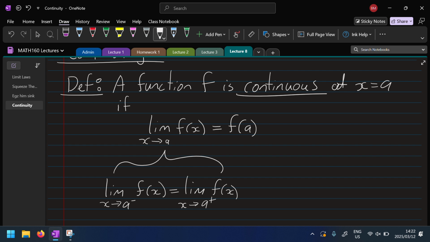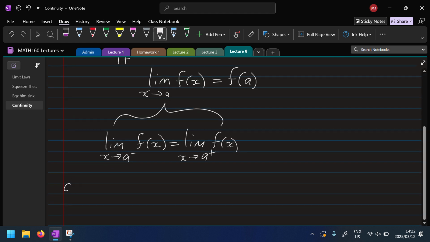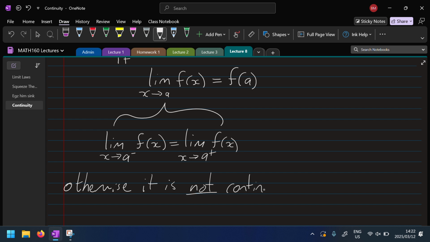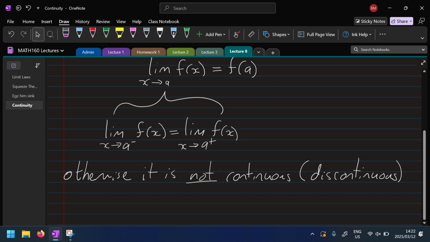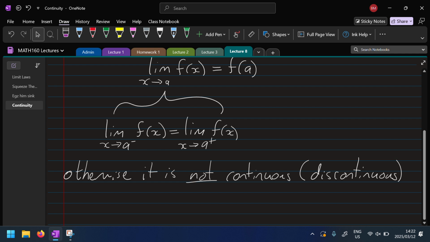If one of them doesn't agree, it is not continuous. So otherwise, it is not continuous. Okay, or we can say discontinuous. One of those three needs to break, and then it's discontinuous.